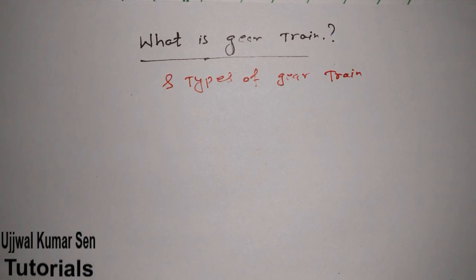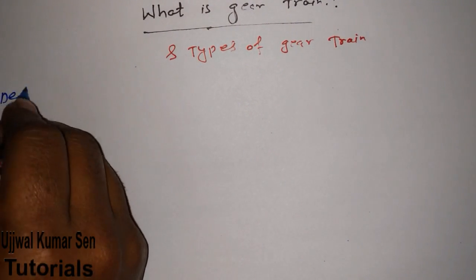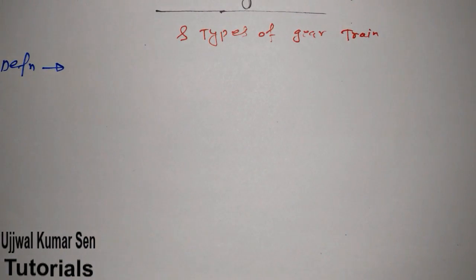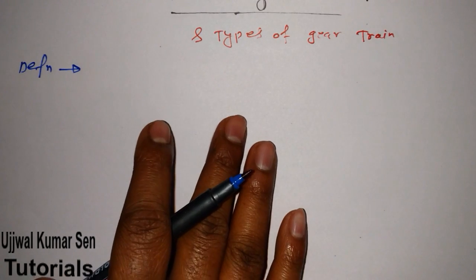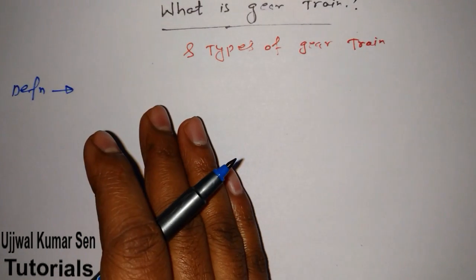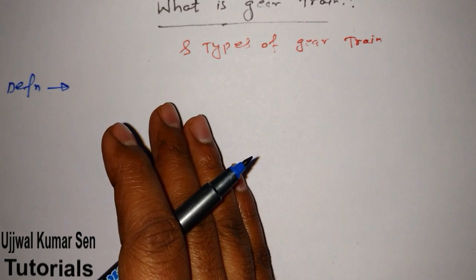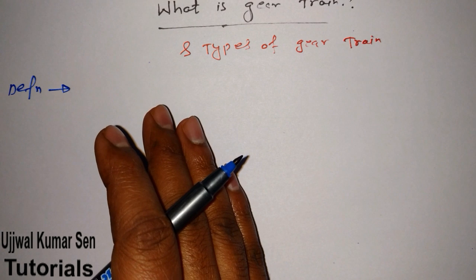Now first of all we'll start with the definition of a gear train, because I want to make you prepare for university examinations. If you want to learn the definition of a gear train, the best way to learn from this video tutorial is to pause this video, take a pen and paper, and start writing what I am writing.